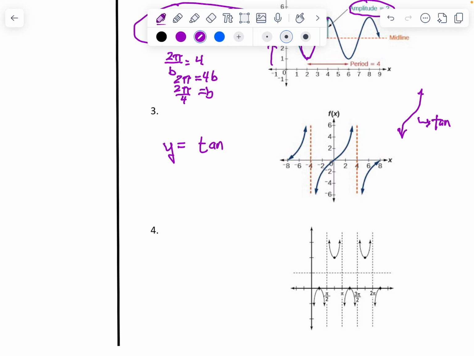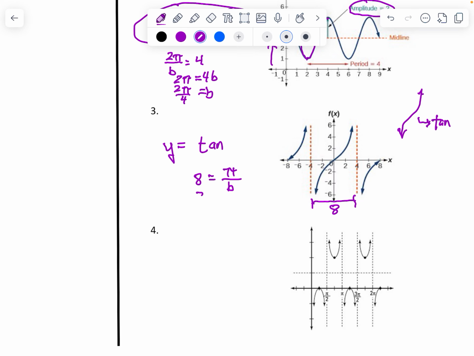Now, we do have to deal with the period change here. Notice that the period here from -4 to 4 is 8 units. So our period 8 is going to be equal to pi, because we don't have any degree markings with it, so we're going to assume that the standard period will be in radians. Remember, the standard period for tangent is pi instead of 2 pi, and we divide by b to get the 8.